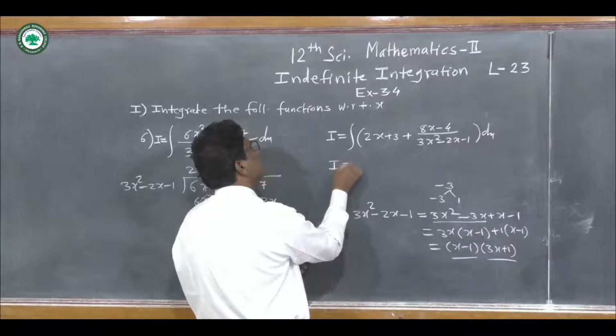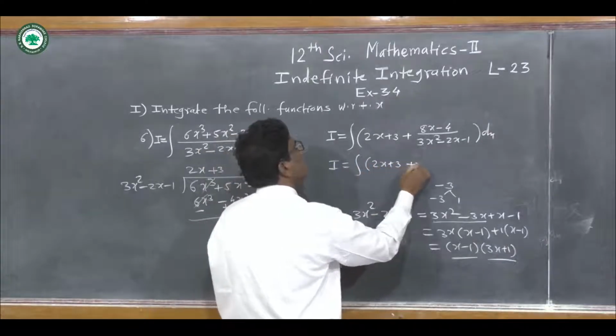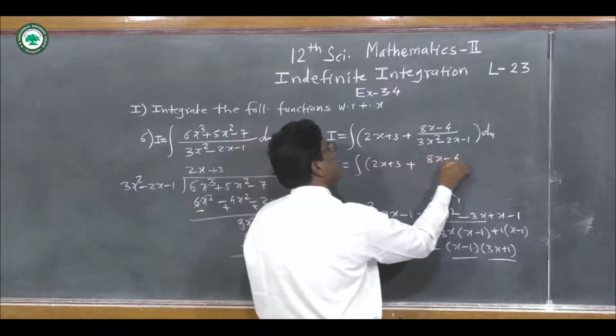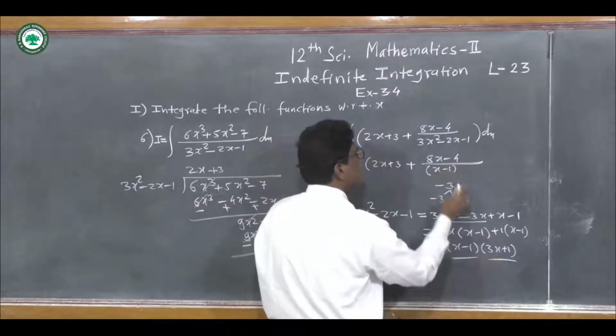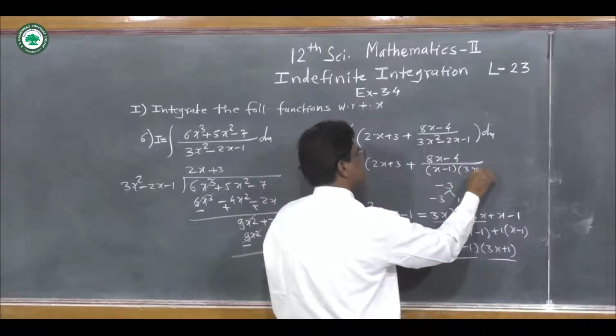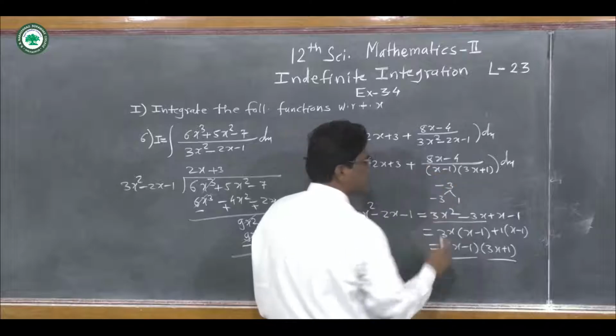So I is equal to the integration of 2x plus 3 plus (8x minus 4) upon (x minus 1) into (3x plus 1), dx. And now consider this part.